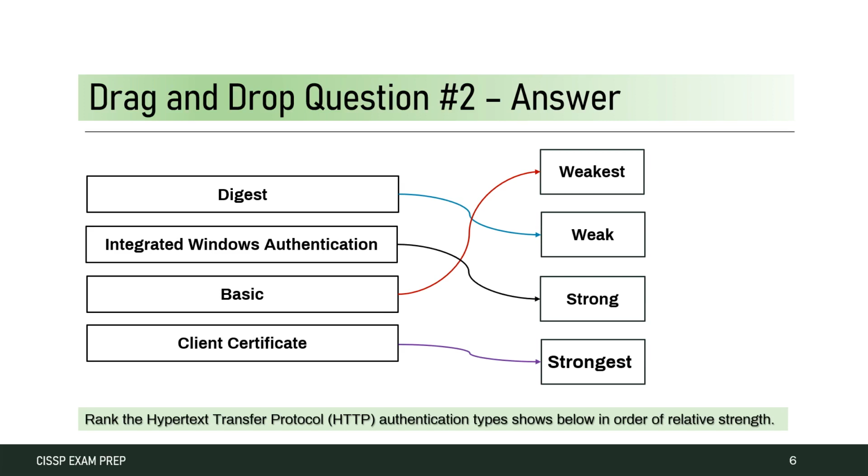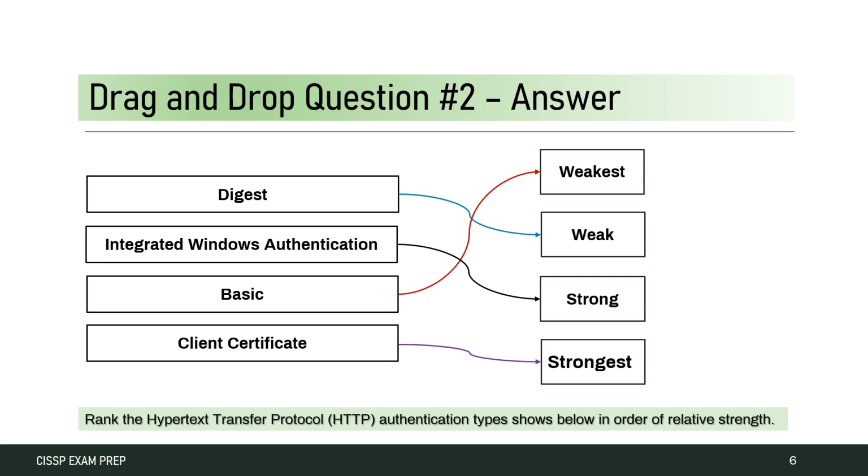So if we follow the order of relative strength, the client certificate is the strongest, followed by Integrated Windows Authentication, strong, followed by Digest, weak authentication, while Basic is the weakest authentication for HTTP authentication.